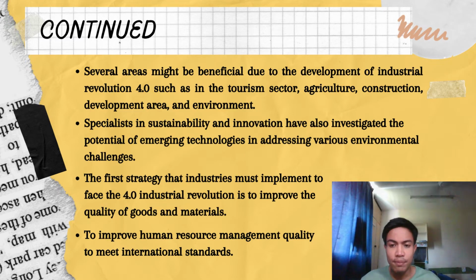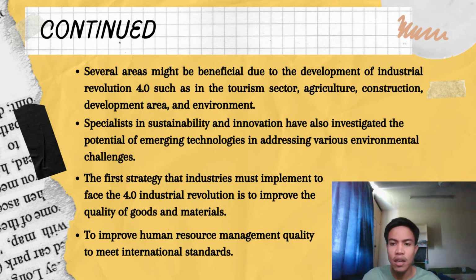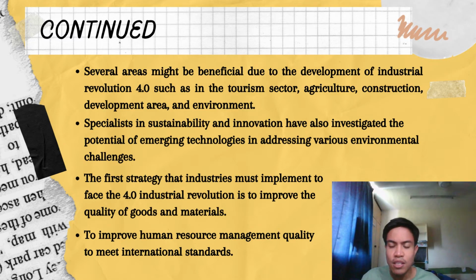Industry must improve the quality and quantity of their product to adapt to the effects of the Industrial Revolution 4.0. Technology is not just to create new opportunities, but it can also render some products and services obsolete.